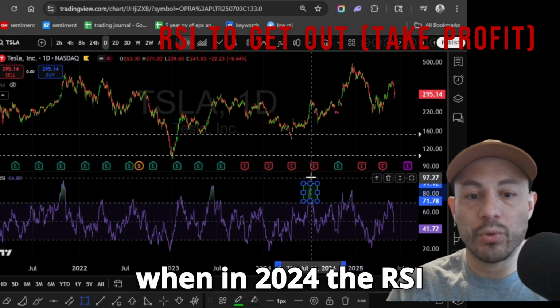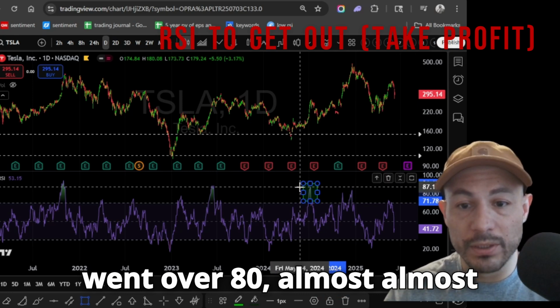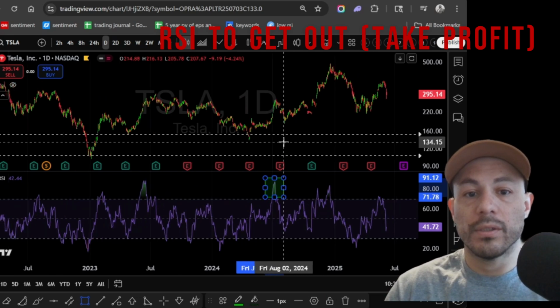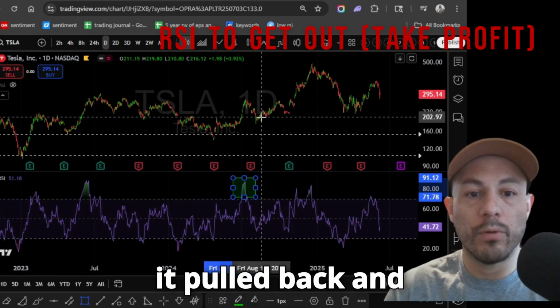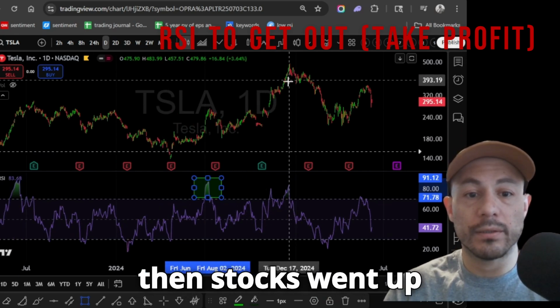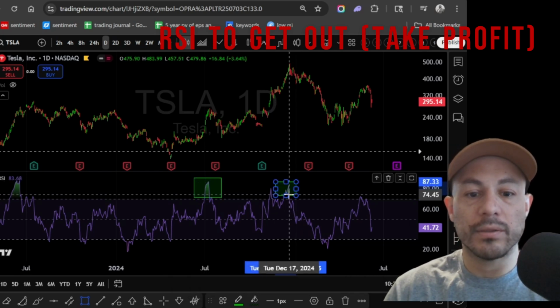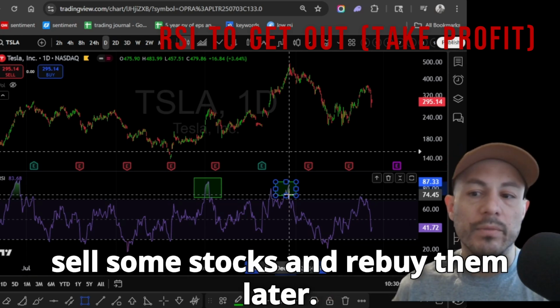When in 2024, the RSI went over 80, almost 90, there was too much short-term bullishness. So then it pulled back. And then stocks went up again. And that December 2024 was also a good time to sell some stocks and rebuy them later.